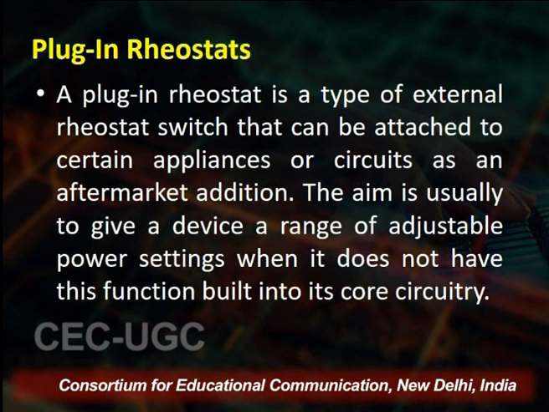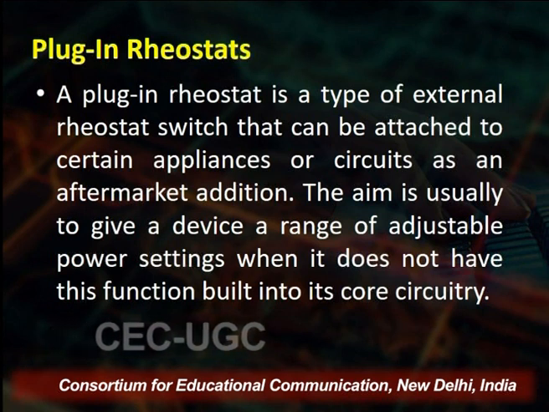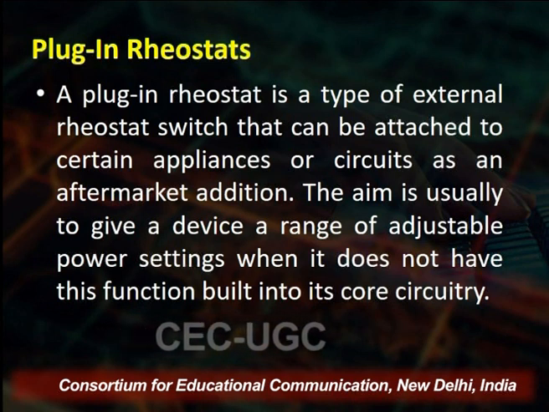The plug-in is like an external rheostat which we can attach to certain appliances or circuits as an aftermarket addition, meaning it can be plugged into any device. The aim is usually to give the device a range of adjustable power settings when it does not have the function built into its core circuit.